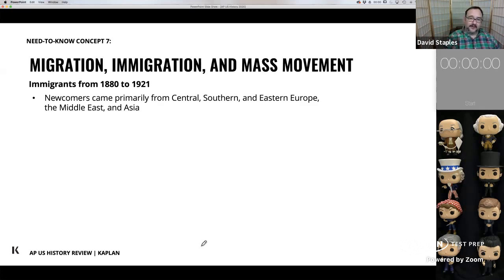You could come here and survive, get away from the fighting, get away from the famines, get away from all of that stuff, and you can be here. These newcomers are going to be more Central, Southern, Eastern Europe, Middle East, Asia, not welcomed as much. There is now a more obvious difference between this group and the last group.